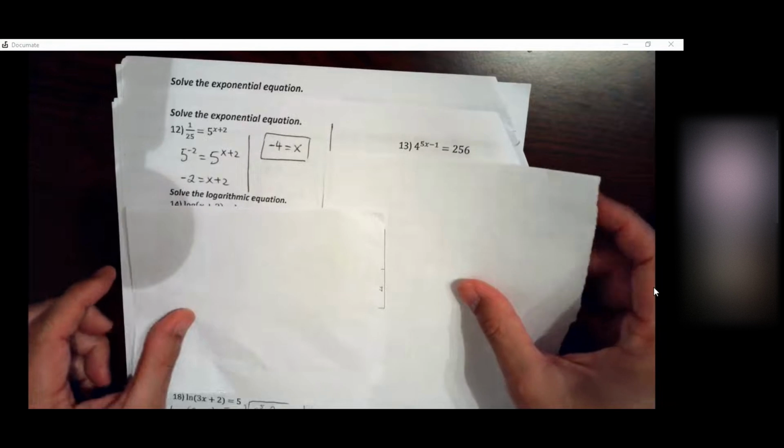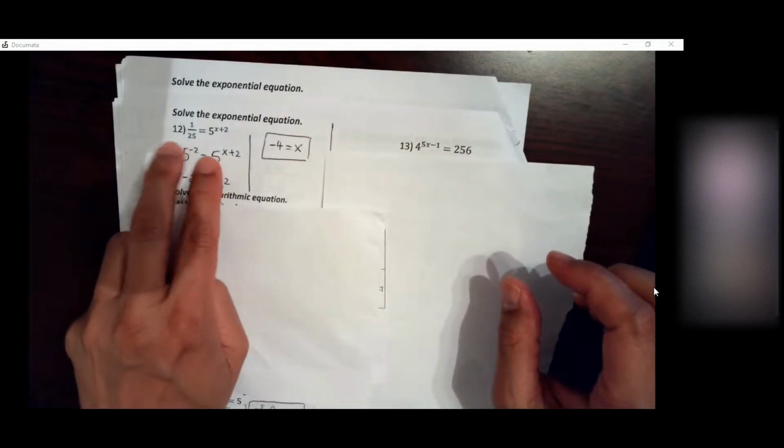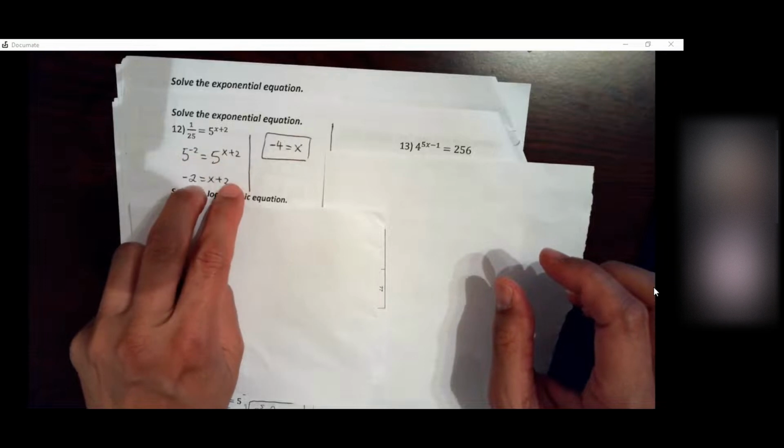We can set the bases equal to each other, right? Yes. This is 5 to the negative 2 equals 5 to the x plus 2. The 5s cancel out. Negative 2 equals x plus 2. X equals negative 4. Right. Once the bases match, we can remove them and just focus on solving the equation on the exponent side of things.